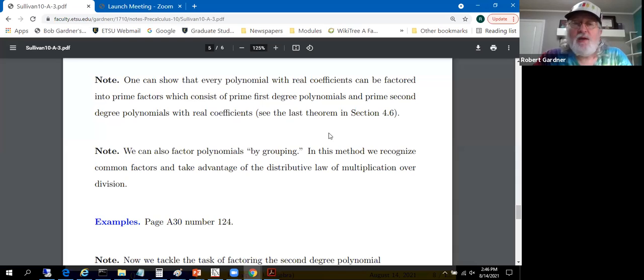So let's elaborate on that a little bit. I hand you a polynomial. Ideally, you can factor it into first-degree polynomials and second-degree polynomials, which are themselves prime. So every polynomial with real coefficients can be written as a product of, sometimes they're called linear terms, first-degree polynomials, and quadratic terms, second-degree polynomials.